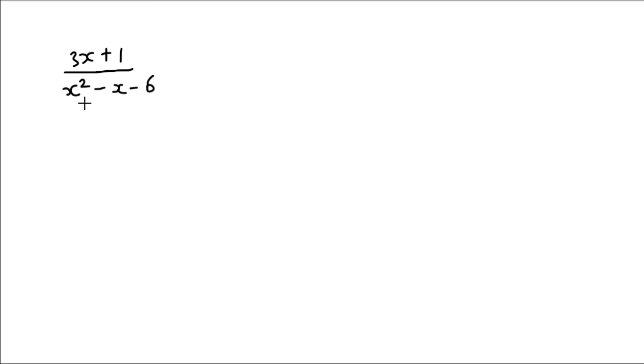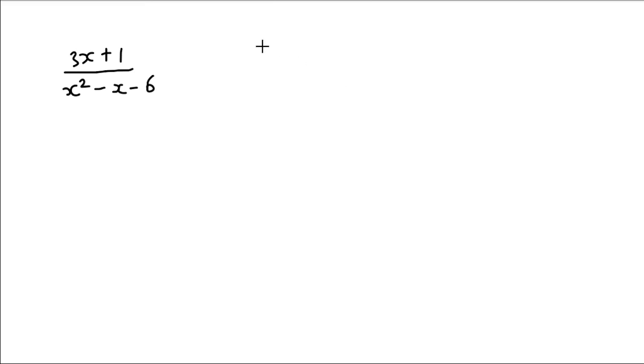Since it is a quadratic expression, we need to factorize it so that we find its factors. If you're able to find factors, then we know it has linear factors. If you're not able, then we conclude it has a quadratic factor that cannot be factorized.